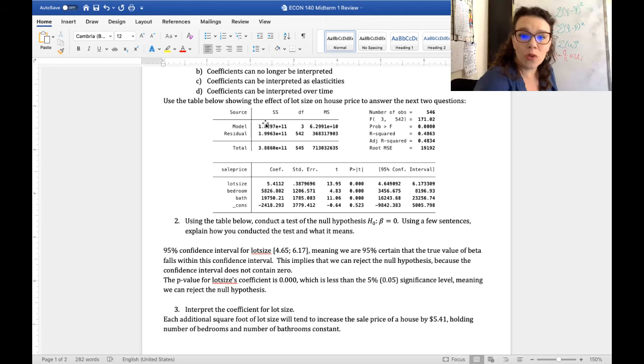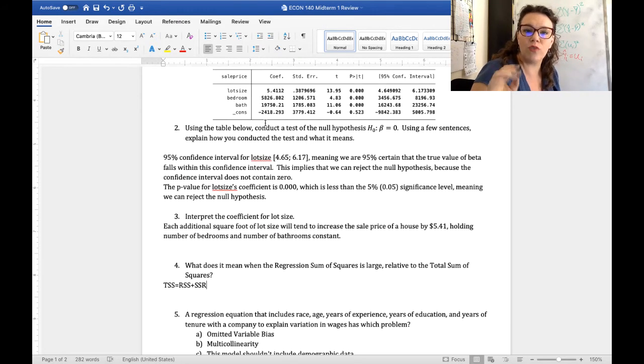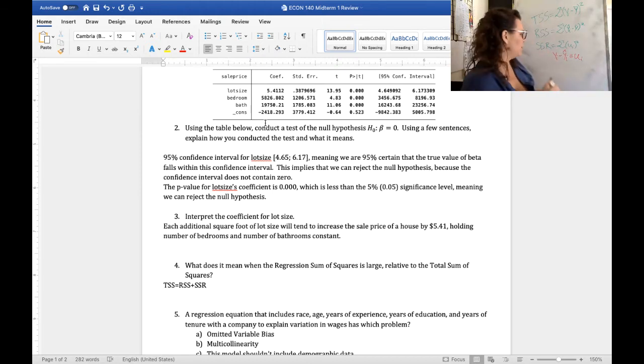So if the total sum of squares and the regression sum of squares are relatively large or close together, if the RSS is large relative to the TSS, that means that the SSR is small. That means that TSS equals RSS plus SSR: the true variation in y is equal to the estimated variation in y, and then our residuals.